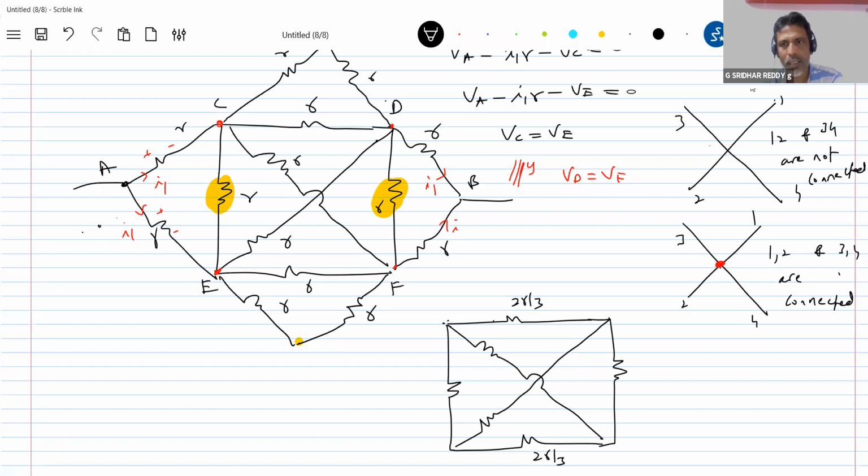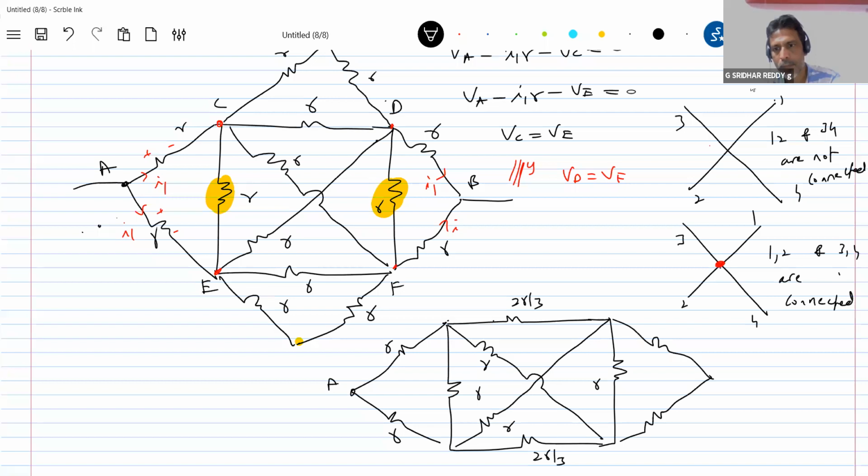Because look, this is R, this is R, so R plus R is 2R. 2R parallel to R will be 2R by 3. Instead of drawing many circuits, I just identified a few. Then after this, we ended up with this much here.